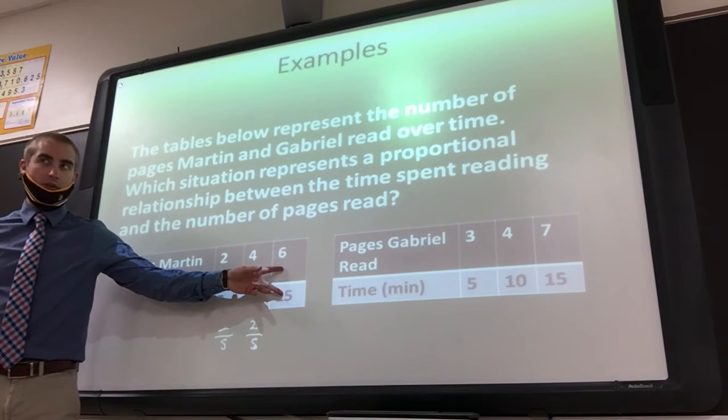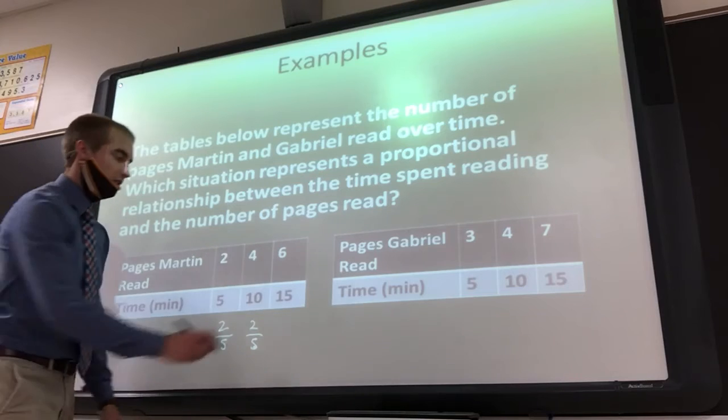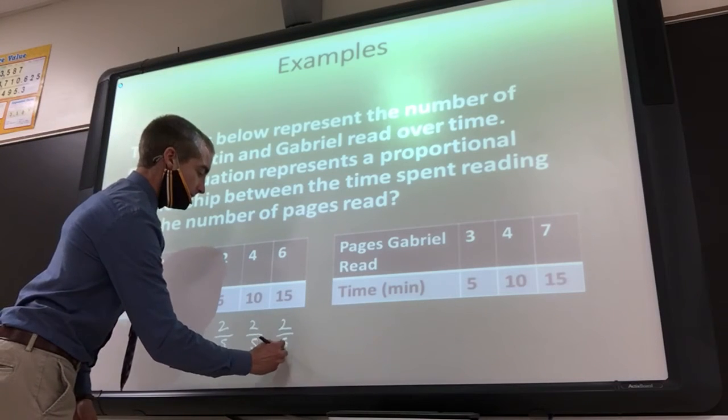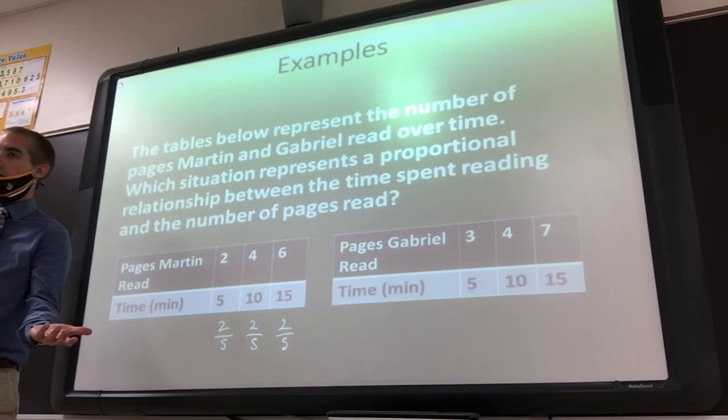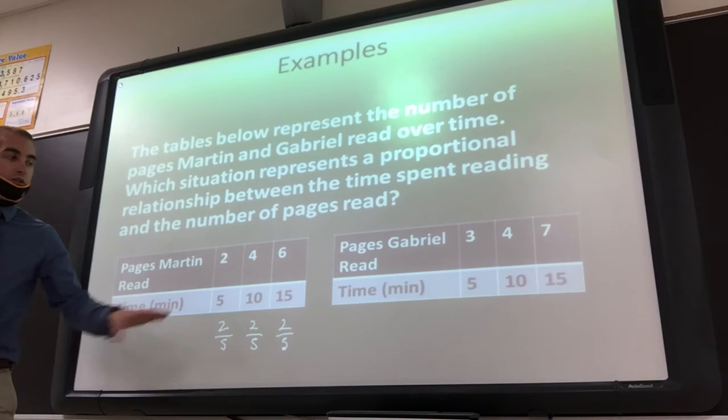We can divide both of those by 3 to get 2 over 5. So Martin's is proportional. Now, did we find the unit rate? Because the unit rate needs to have what number on the bottom? 1. So this is a ratio, but if the ratios are the same, does that still make it proportional? Yeah? So this is proportional.